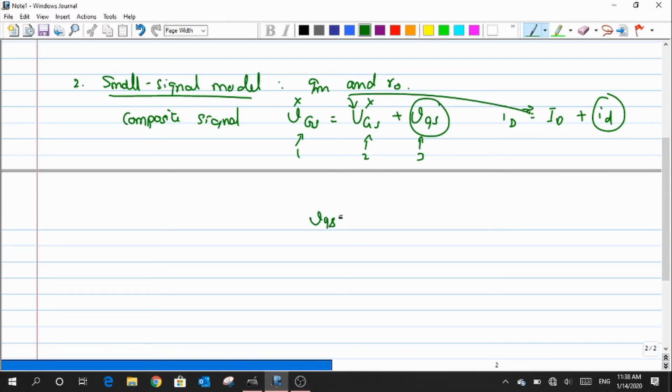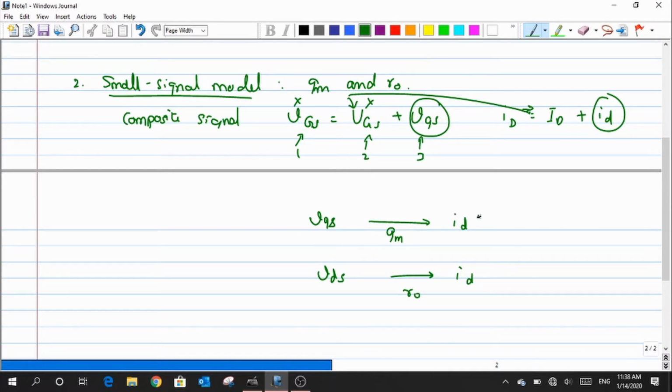The small signal VGS is actually related to our ID through some sort of relation. So what is the relation between this VGS and ID? How is this small signal current defined? Through gm. Similarly, we also had a relation between this VDS and this ID, and they are related by r0. Again, r0 is a small signal parameter.